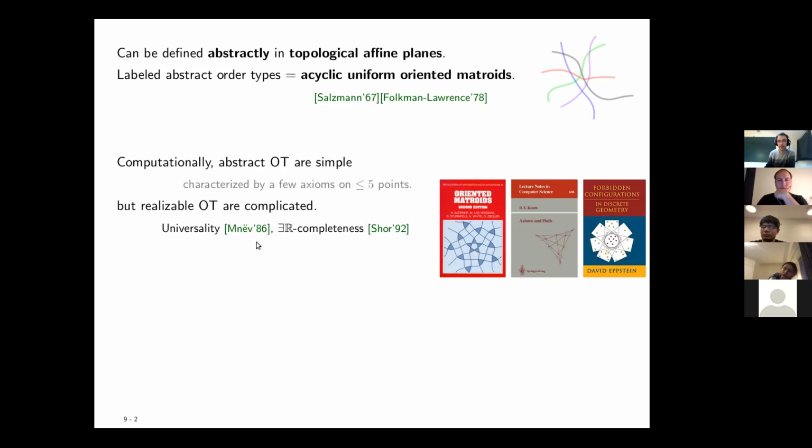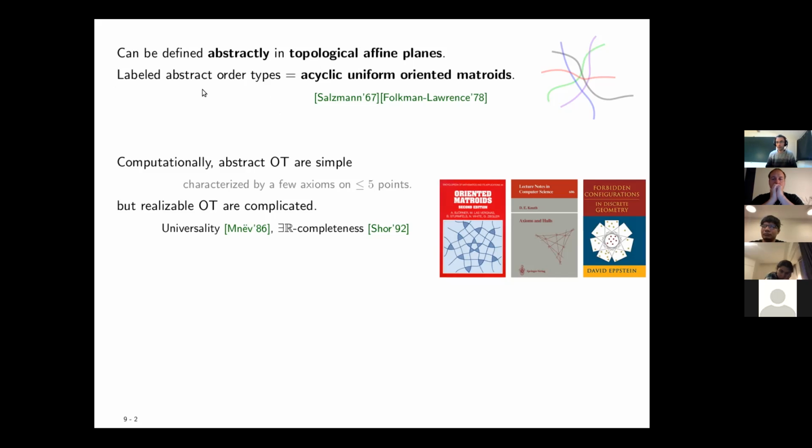That's a very different picture, because those necessary conditions that I mentioned before can actually be given a geometric meaning, because you can define order types as soon as you have the structure of a topological affine plane, meaning a notion of lines. So what you need is that any 2 points define a line, and any 2 lines intersect in a point, and as soon as you have this projective structure, you can define a notion of order types.